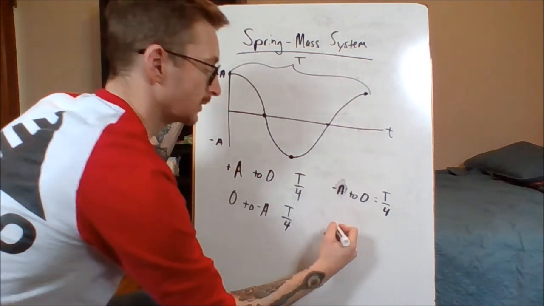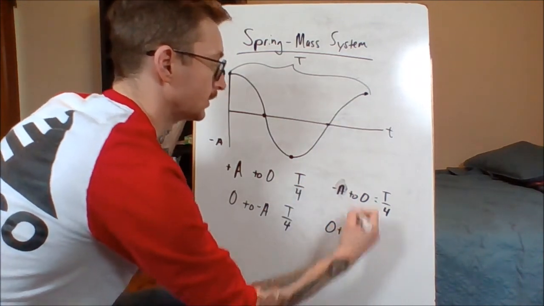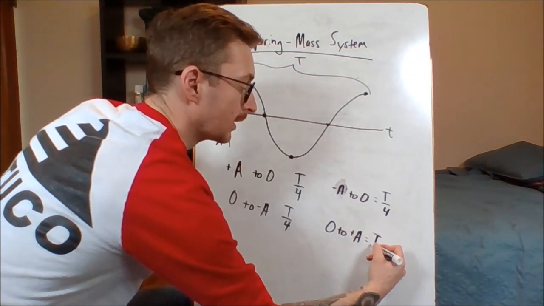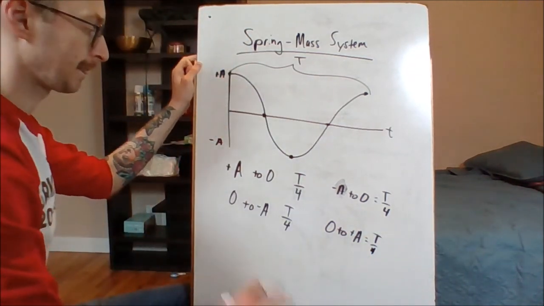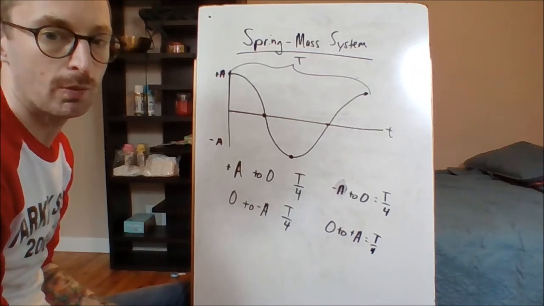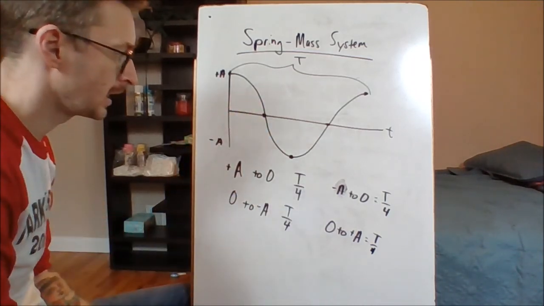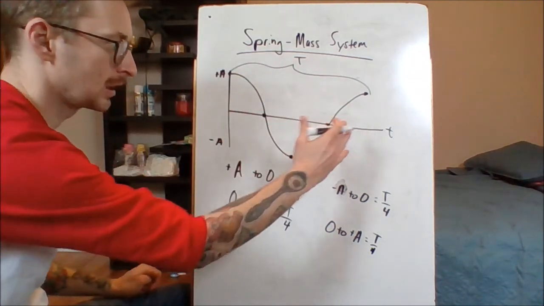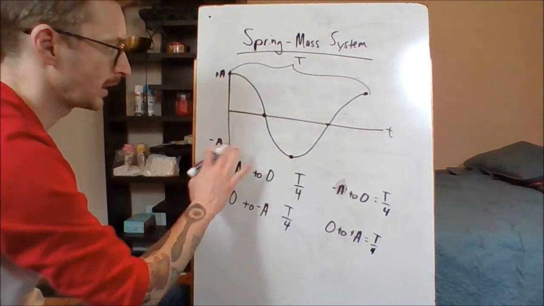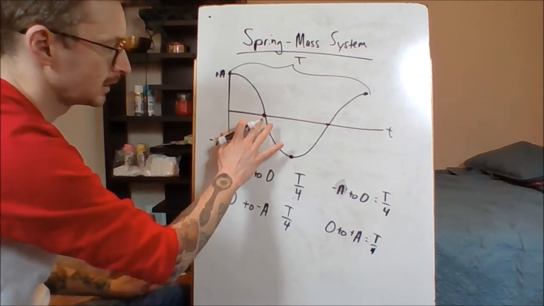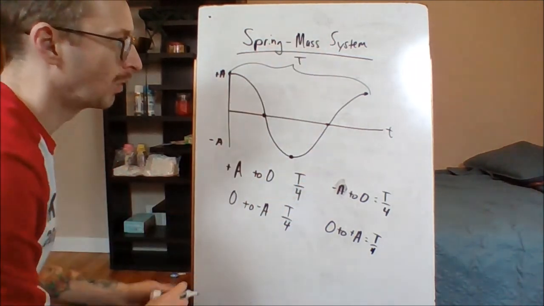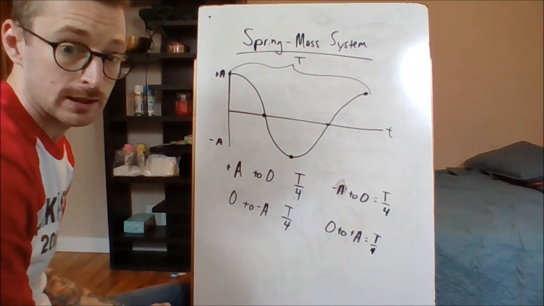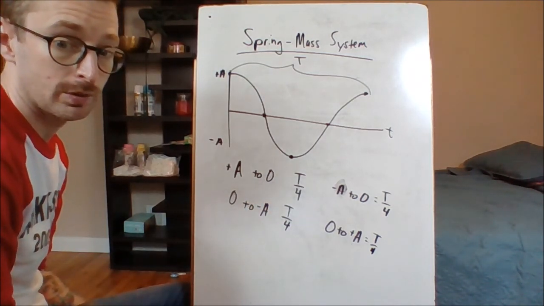And then from 0 to positive A again would also equal 1/4 of the period. So that can help you decide at what time the mass is at a certain position. If you know the period, you can divide it into fourths and figure out whether it is at A, 0, negative A, 0, or positive A, just knowing that it takes a fourth of the period to do each of those travels.